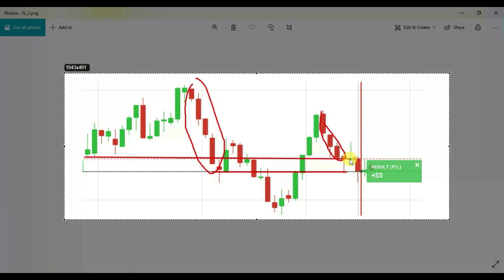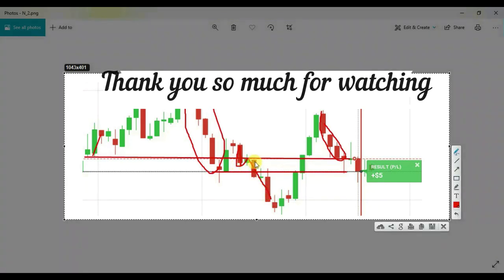This is a kind of SNR level: buyer's entry, and breakout, retrace, the breakout candle, retrace candle, then seller's entry. It means this is an SNR level, and this is a breakout. Again you can see seller's entry and close at the level.